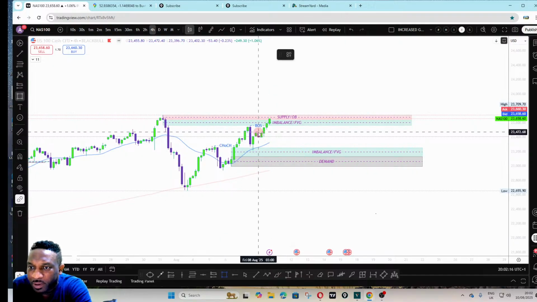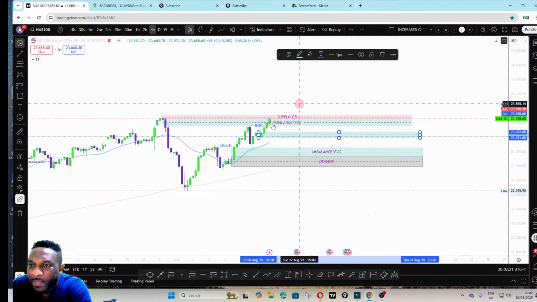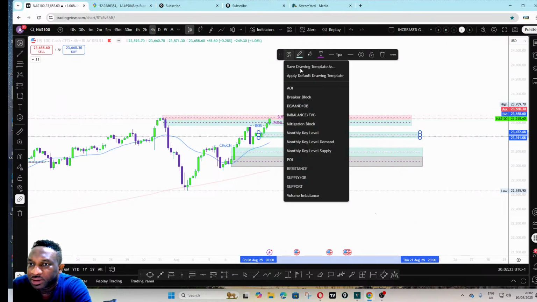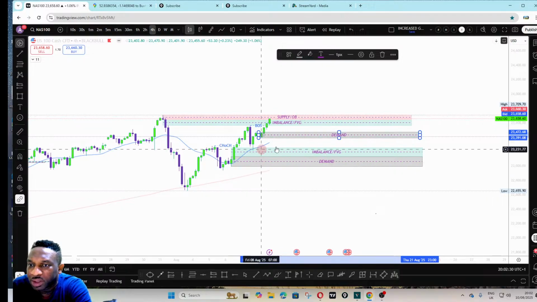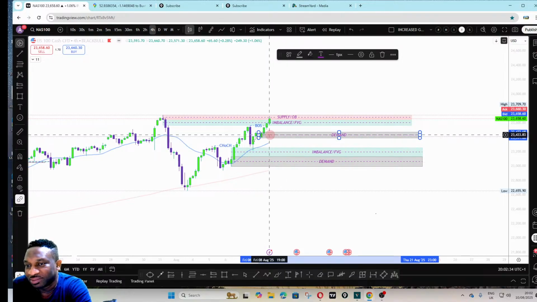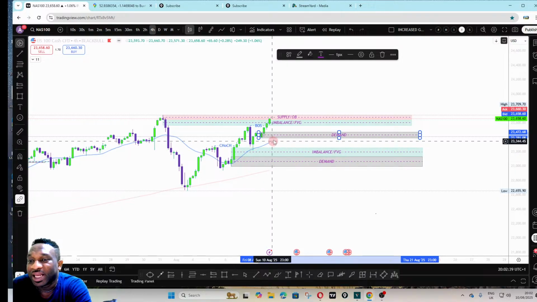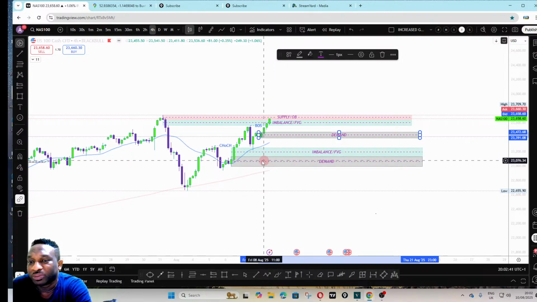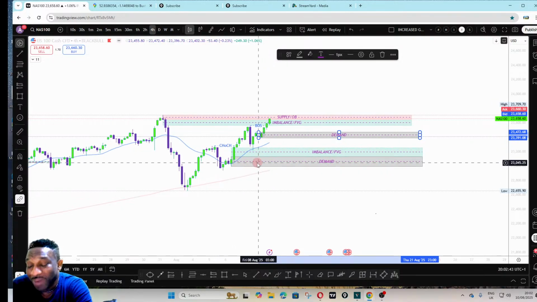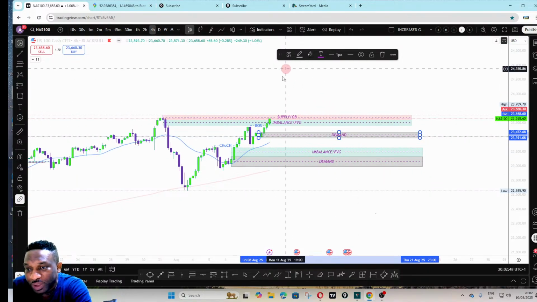Yeah, so from here, and then that should be the demand area. Just looking at this most recent area and then taking action from there. We want to see the most likely areas that price might trade into if it wants to continue the uptrend.